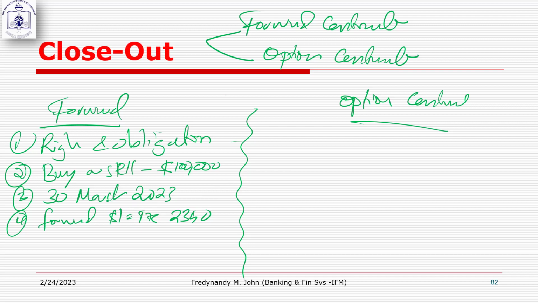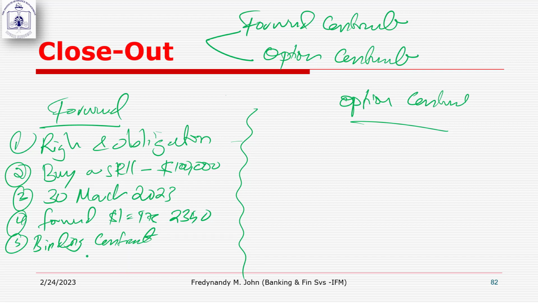Now, with a forward contract on maturity, in case the exchange rate is in the favor of the customer, the customer cannot excuse himself from this contract. Why? Because a forward contract is a binding contract.